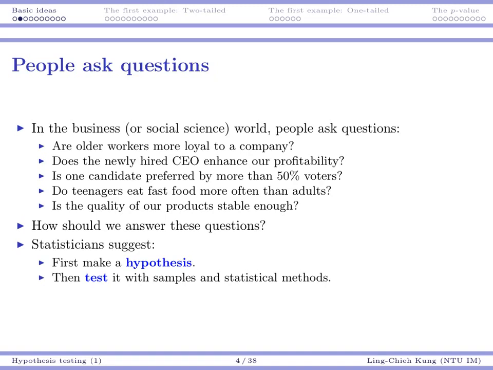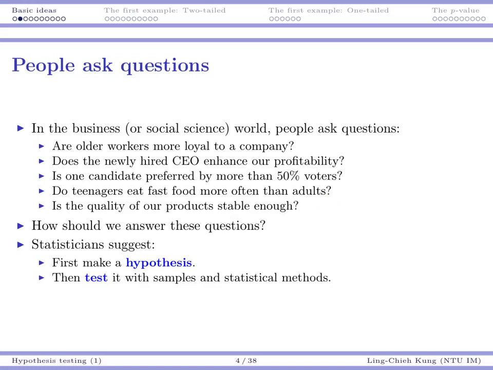We probably want to know, if we're going to have an election, whether one candidate is preferred by more than 50% of voters? Because, again, that may affect our decisions about a lot of things. When we are running a fast food restaurant, we may need to know whether teenagers eat more fast food in general than adults.